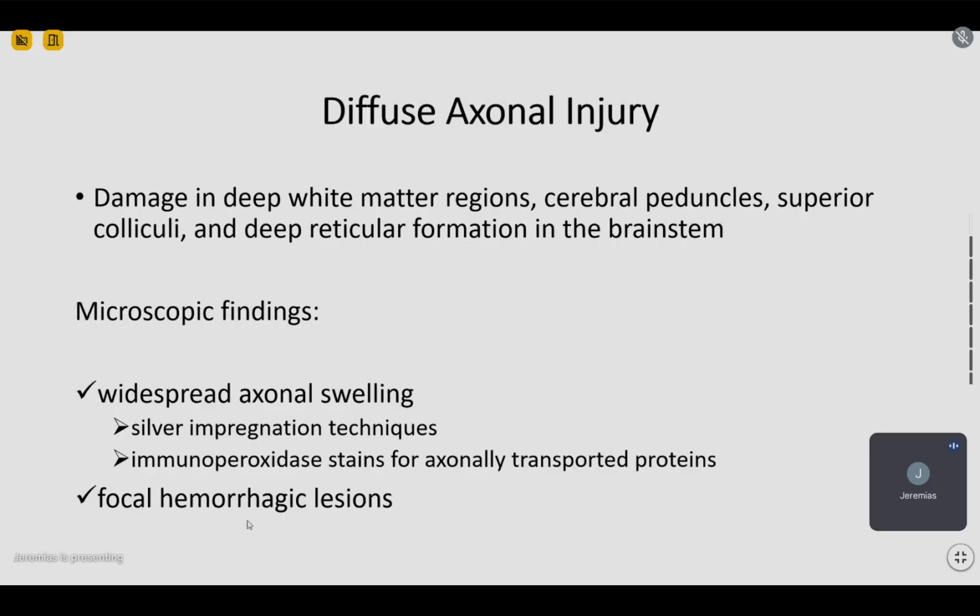Then, diffuse axonal injury. Traumatic brain injuries may also damage the deep white matter regions, the cerebral peduncles, superior colliculi, and deep reticular formation in the brainstem. So microscopic findings may have widespread axonal swelling, indicative of diffuse axonal injury, and focal hemorrhagic lesions.